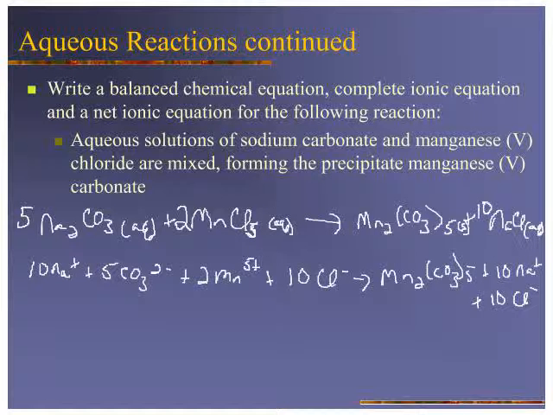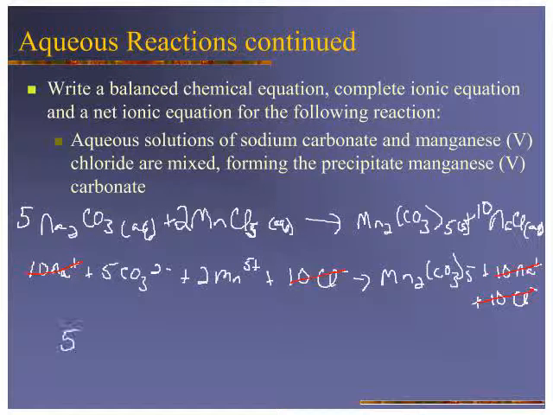To make our net ionic equation, I'm going to change pen colors real quick. The things that are the same on both sides, the sodiums and the chlorides, and when I say the same, they're written identical. Yes, you have 2 manganese on the product side, but it is not written as an ion.